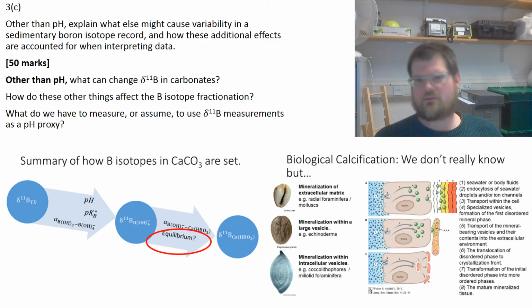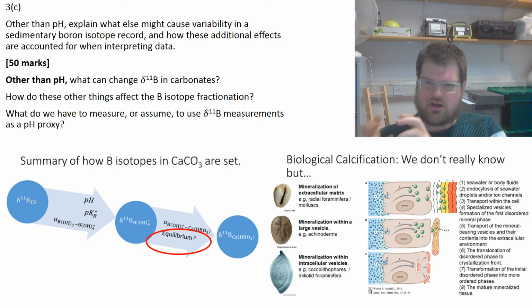And is it in isotopic equilibrium? This is the idea that the individual atoms of boron aren't really exchanging between seawater and the carbonate bound boron, because once they're bound in the carbonate, they can't exchange again.